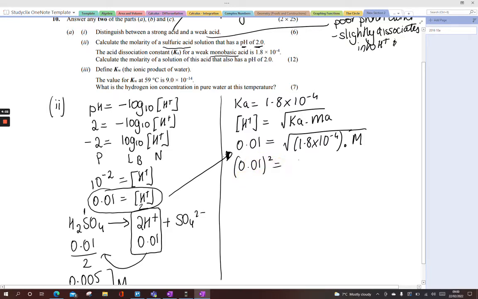So this is testing your maths. And that is just a brute of a number, that 1.8 by 10 to the minus 4. To work out what M is, divide above and below by it. And then throw that all into your calculator.